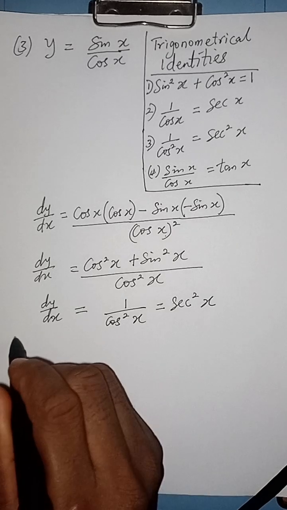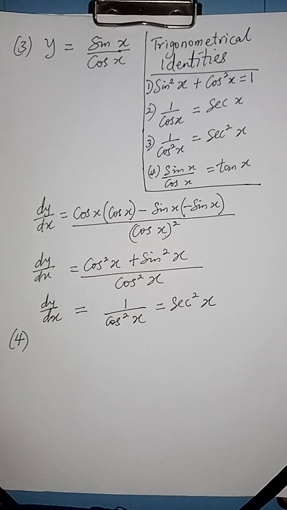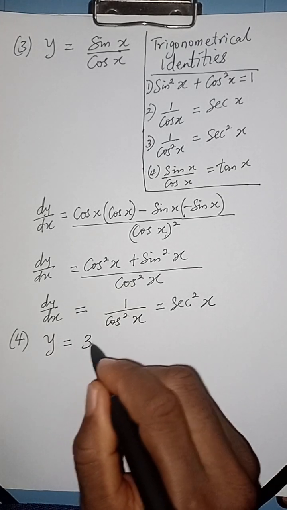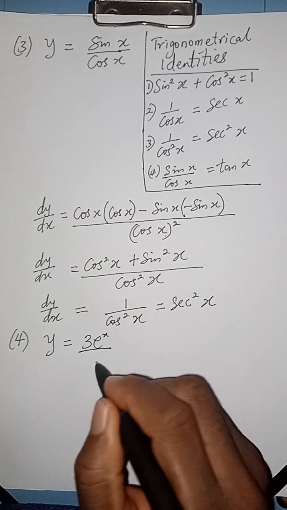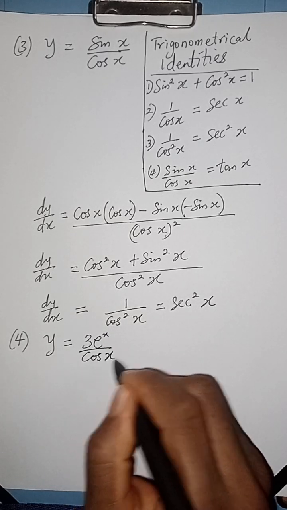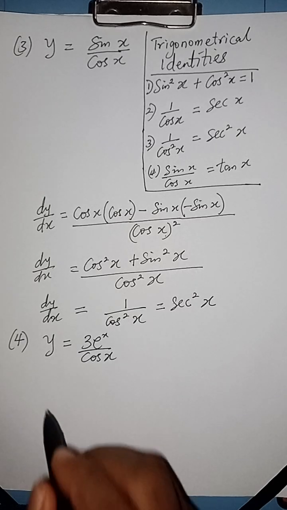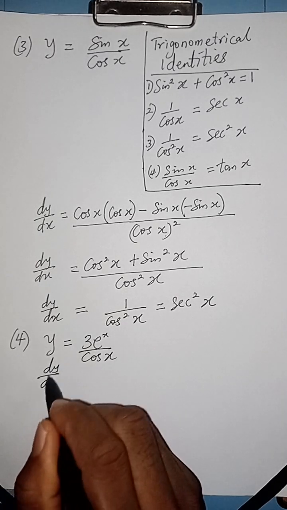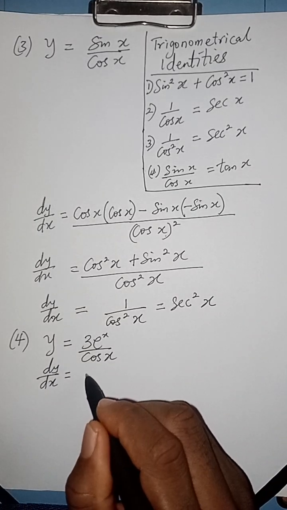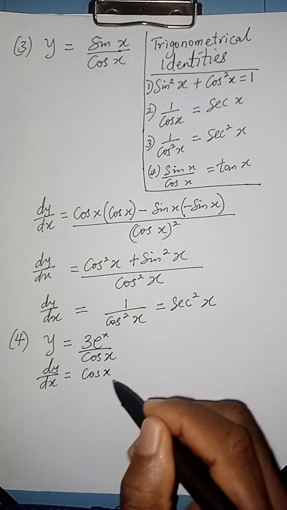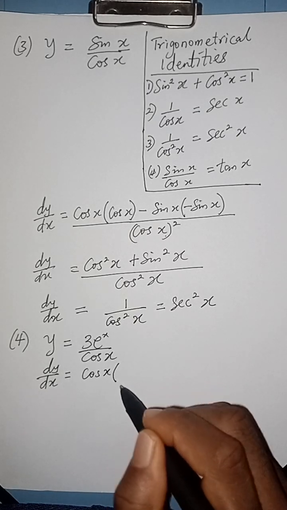Now let's take example number 4, and this will be the last example for the quotient of two functions. y is equal to 3 exponential x divided by cos x. Now find dy/dx. The dy/dx will be: keep cos x constant, then you differentiate 3 exponential x.